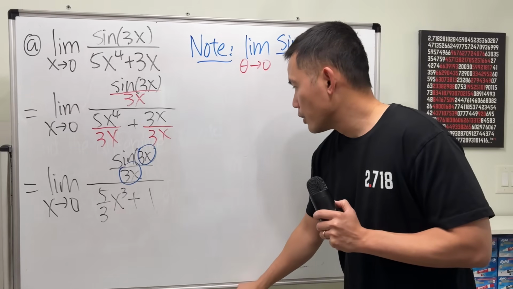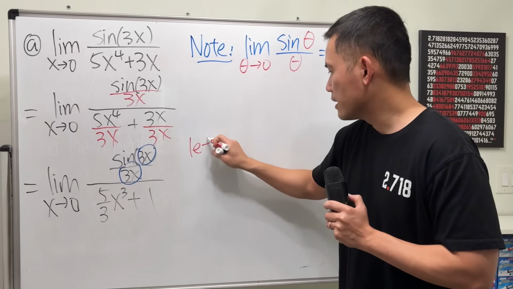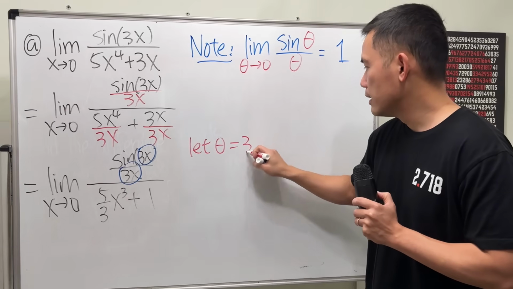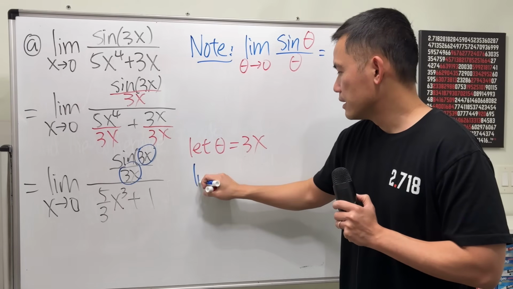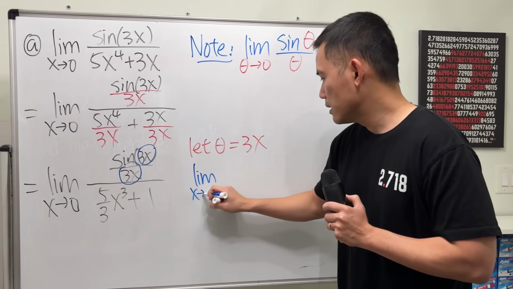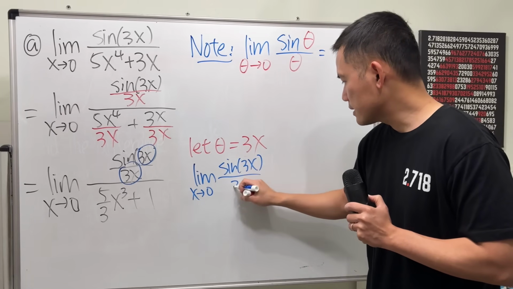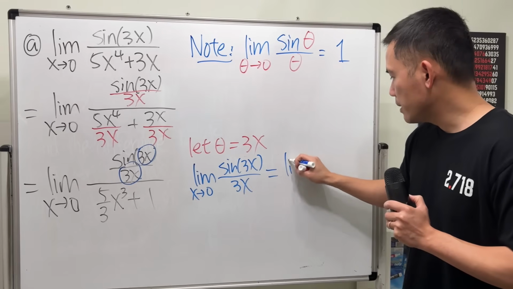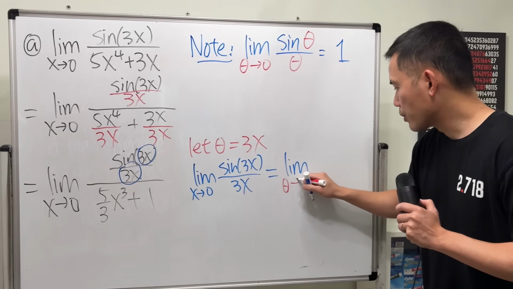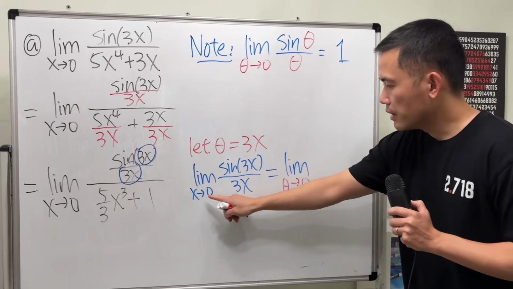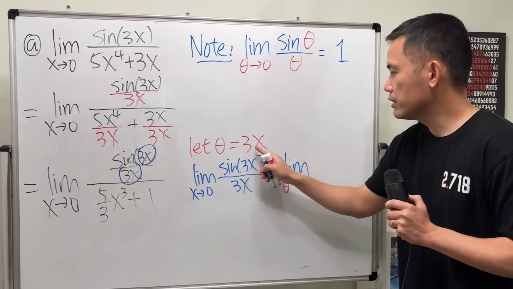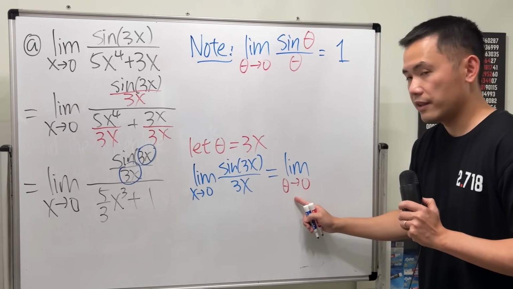If you want to put in more details, you will have to write something like let theta be 3x, and this limit of sine of 3x over 3x will be the limit as theta approaching 0. Because x goes to 0, 3 times 0 is just going to be 0 for theta.